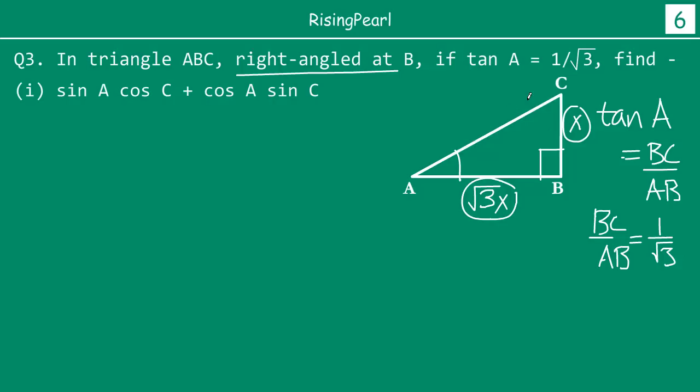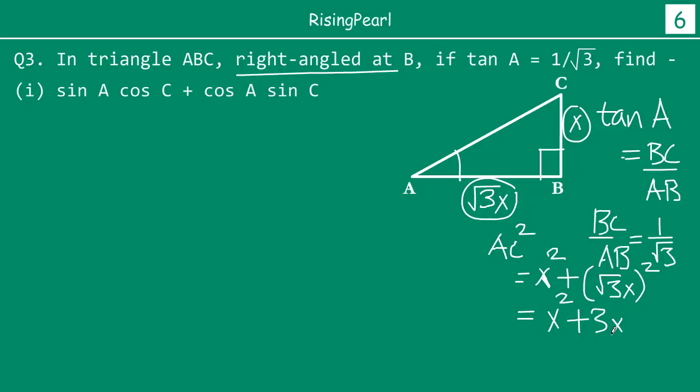Now applying Pythagoras theorem, we can find out that AC square is equal to x square plus square root 3x square. If you do that, you will get x square plus 3x square, which is equal to 4x square.